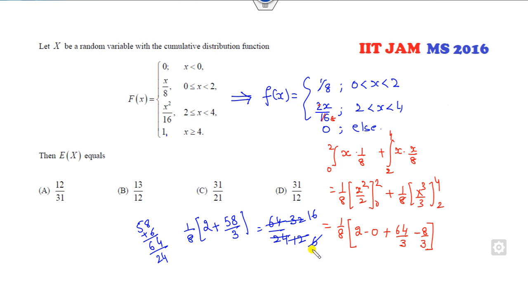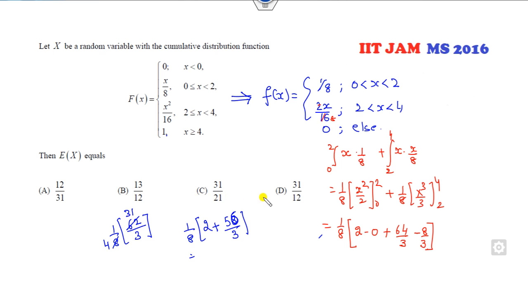Again I can divide by, no, it is not there. There is some calculation mistake. Can you check it again? Where is my mistake? 2 plus, sorry, it's 56. 2 plus 56. Okay, 64 minus here. So it is 1 over 8, 62 divided by 3. So I can divide this. It is 31 over 12. So 31 by 12 is the right answer.